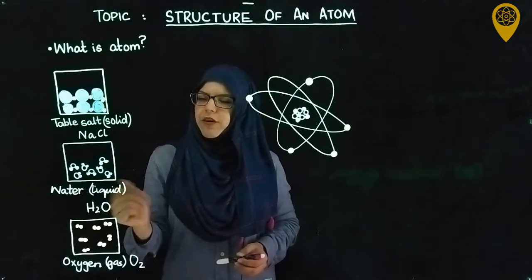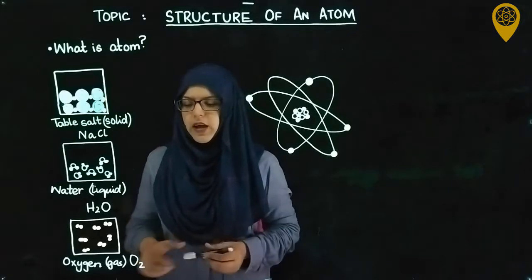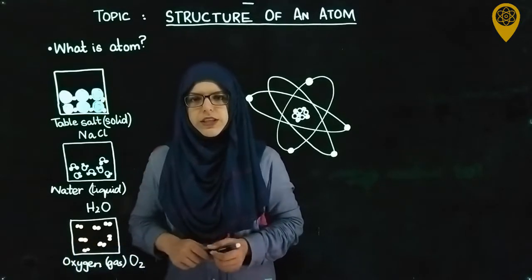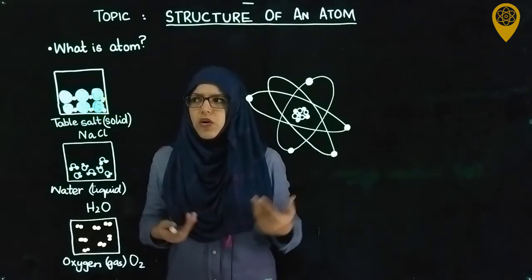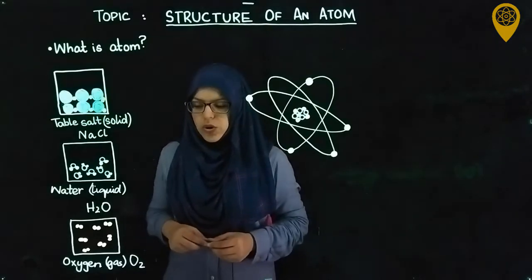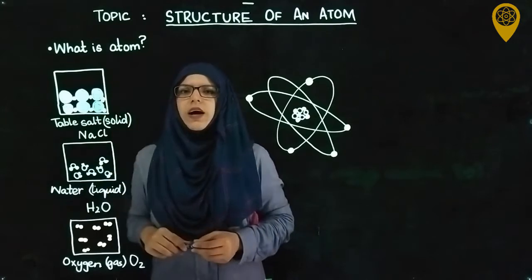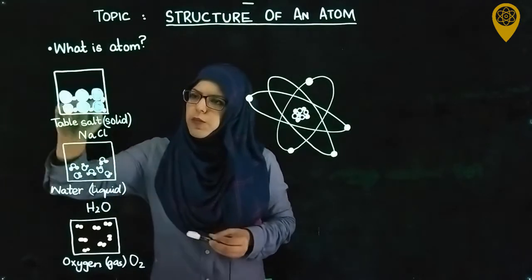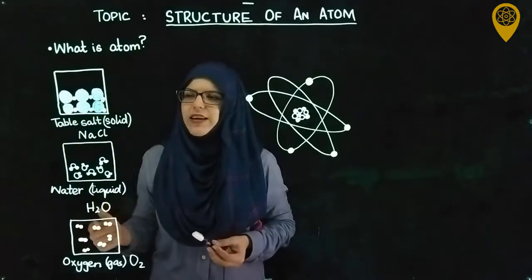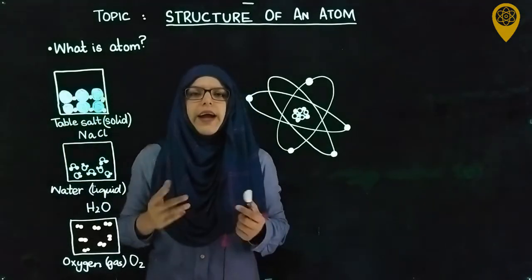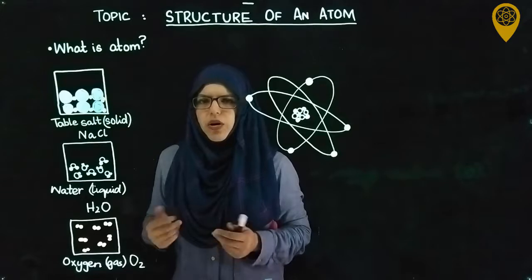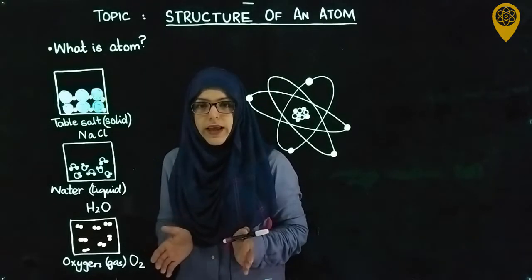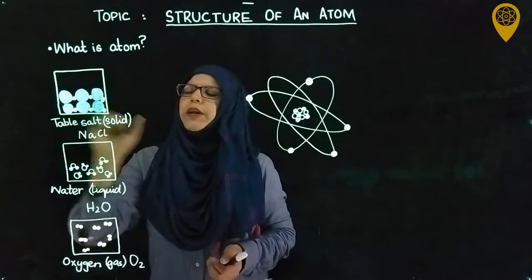For liquids we are having water, that is H2O, and for gases we are having oxygen gas that is present in our environment and that we inhale almost every time. So these are the components which are composed of these small ball-like structures which you can see right now, and these are the atoms. So अब यहाँ पे तो हमें दिख रहा है कि ये ball-like structure है. Obviously this is not how an atom looks like, but आपकी understanding के लिए यहाँ पे बना दिया गया.